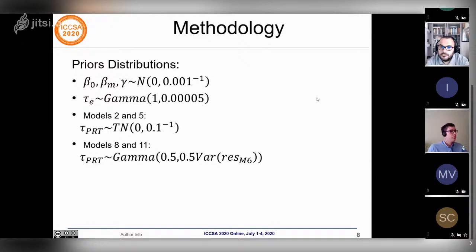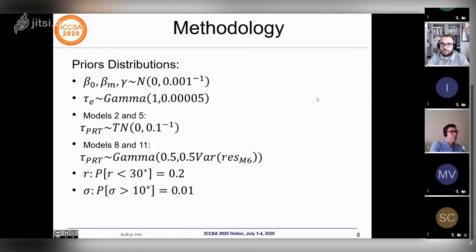These two priors are a bit more informative since we find that this variable is highly sensitive to the choice of the priors. Regarding the spatial hyperparameters, the penalized complexity priors were used. These priors try to penalize the deviation from a base model where the range is infinity and the marginal variance is 0, and they are constructed as probabilities.